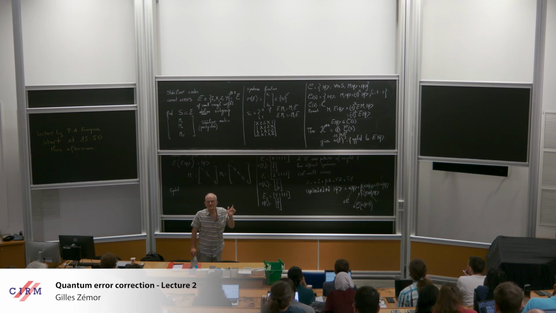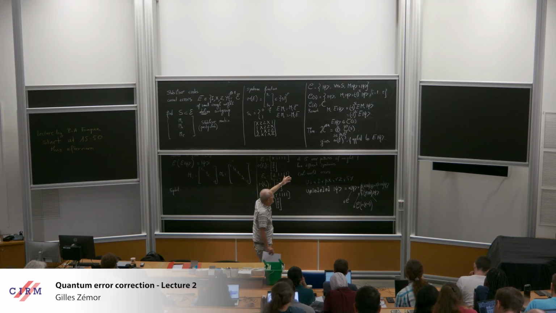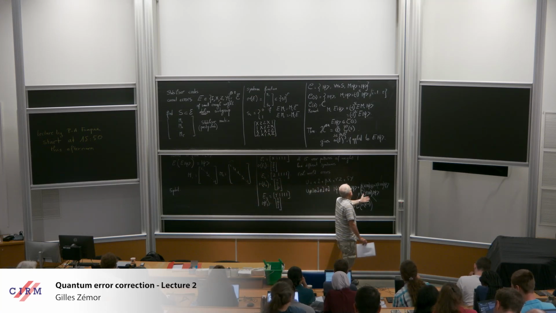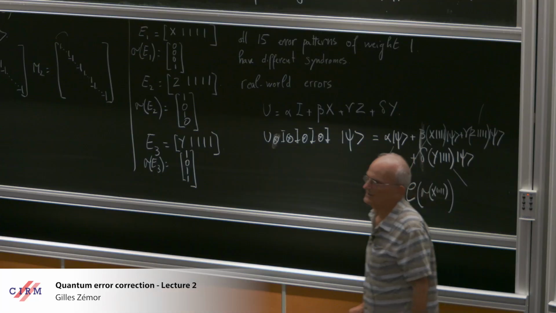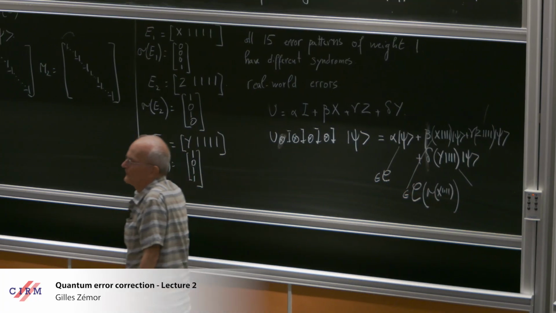So what is our measurement? Now, we apply our very same syndrome measurement. What is it going to do? It's going to choose one of the C of S, one of those components. And what does it mean?